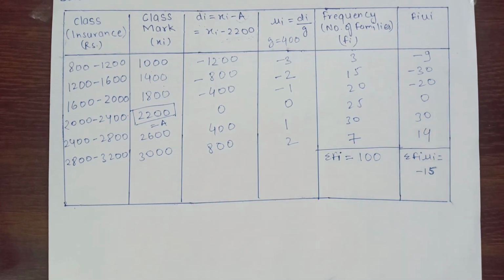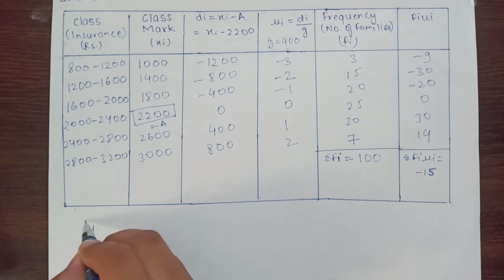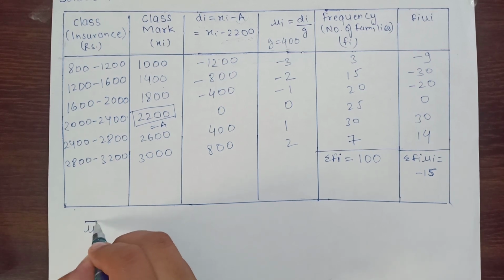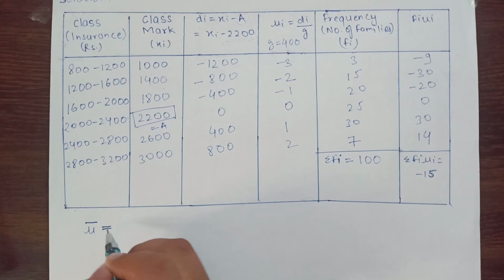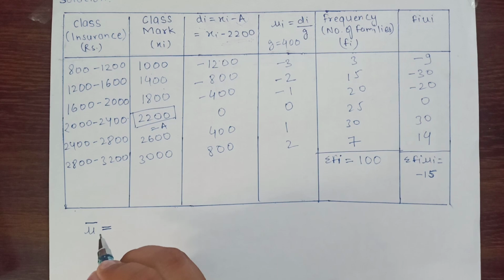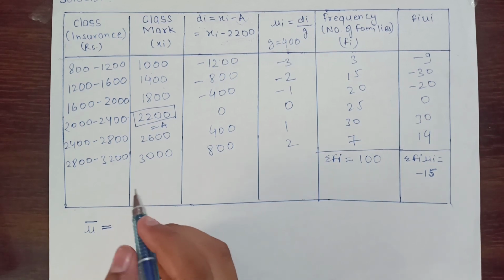After that, we need to just find the mean of u, so we will write u bar. If we want to put any value in the form of mean, we need to put a bar above that value. So we will write the formula.